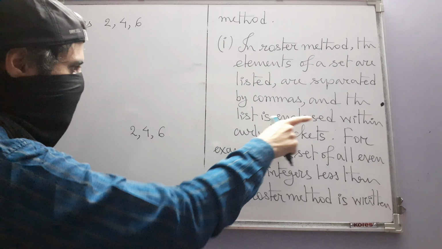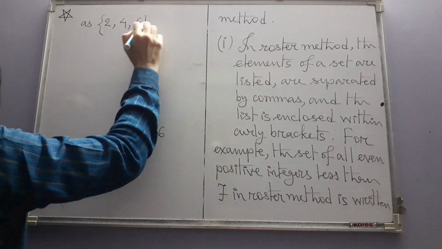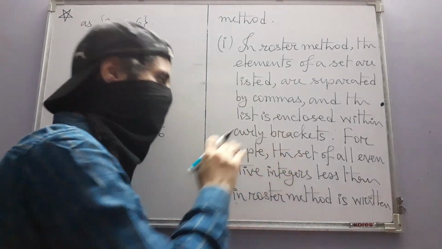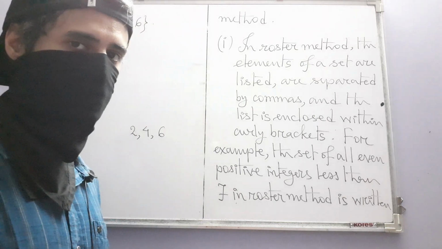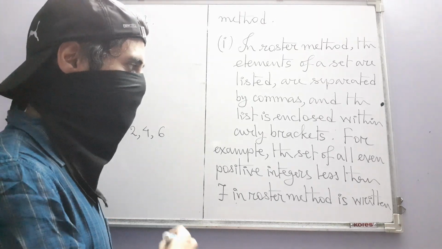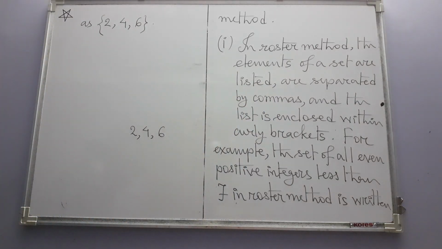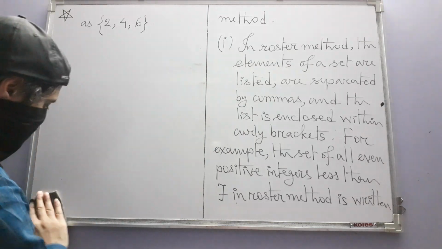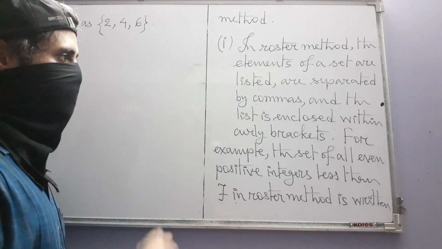And then enclose the list within curly brackets. It's important to remember that we have to use only curly brackets. Curly brackets have been reserved for sets. We do use other brackets also in some situations, but that is different. Also to denote sets, but those are special types of sets. They will come, but we still have time. Okay, so this is roster method.